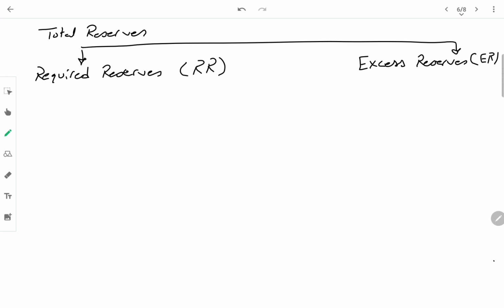Required reserves are reserves that the bank is obligated by law to keep.